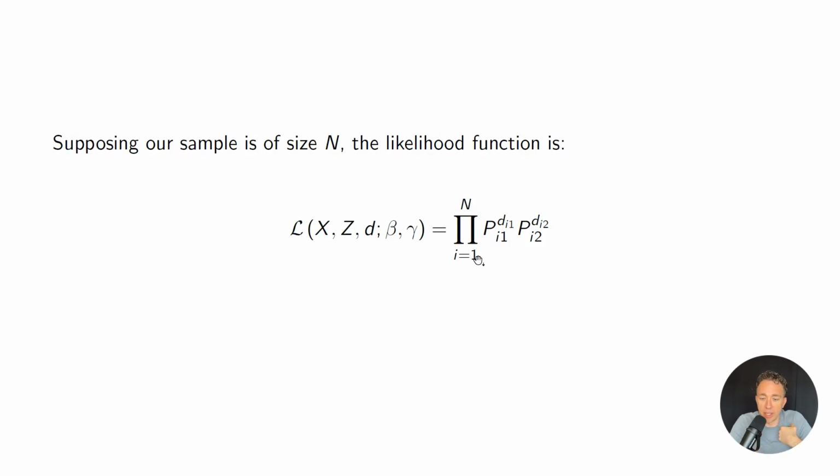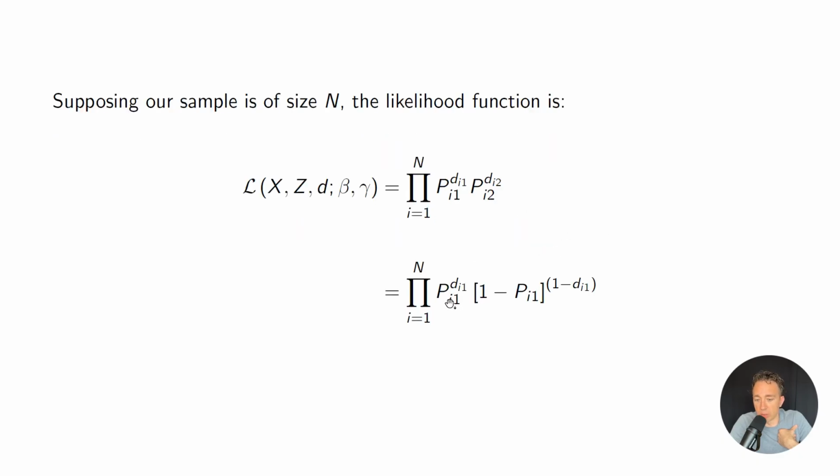So we take all of the decision makers in our sample and we take the product of their Bernoulli likelihood functions. So this is just the Bernoulli likelihood where it's p to the d times 1 minus p to the 1 minus d, but here we've substituted in option 2 for that.